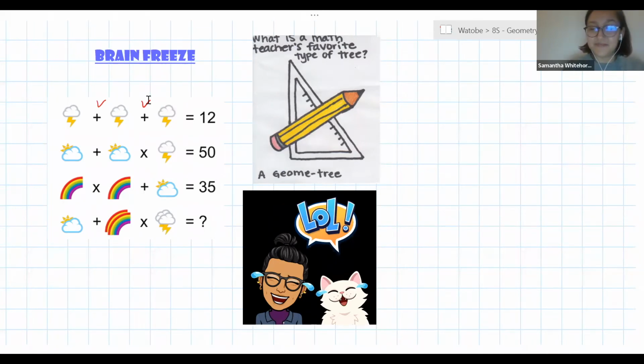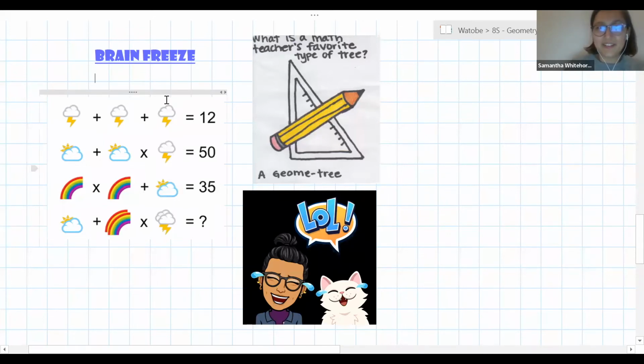So Naledi, we are on you. Want to give it a try? Yes, ma'am. So ma'am, I think the cloud in the second equation is 23. 23 plus 23 would be 46.